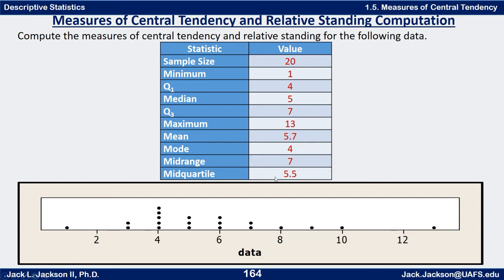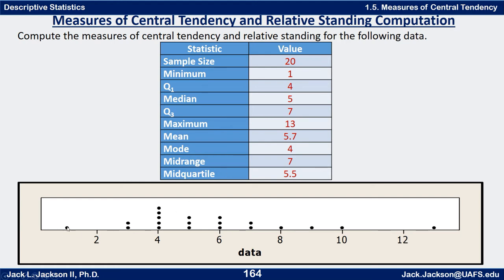And the mid-quartile, then we can easily compute from Q1 and Q3, is you take 4 plus 7 is 11, and divide by 2 is 5.5 for the mid-quartile. And then to get the mean, which is the most often used measure, is probably the hardest one to actually compute.